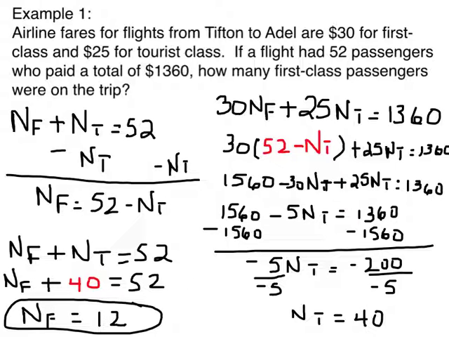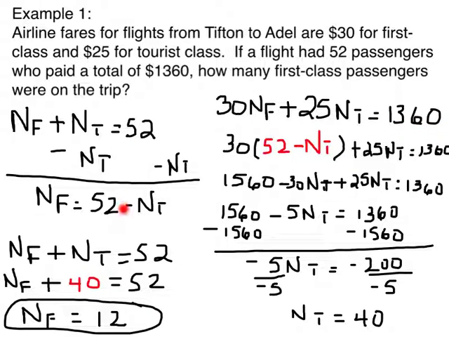Alright, so first we're going to have the number of first class plus the number of tourist equals 52. Okay, there were 52 passengers. That's how we get that. Then we are going to attach value in our other equation. 30 times NF plus 25 times the number of tourists equals a total of 1,360.